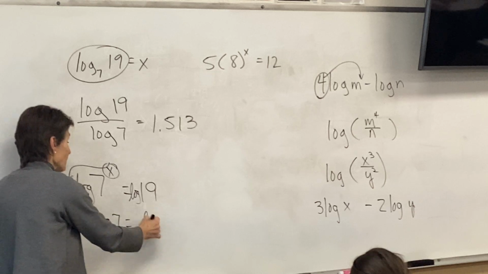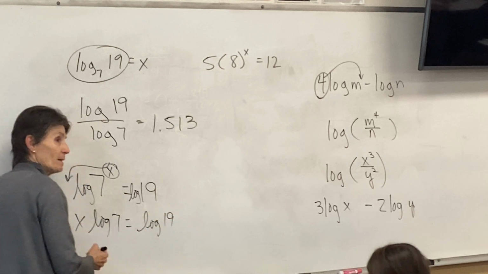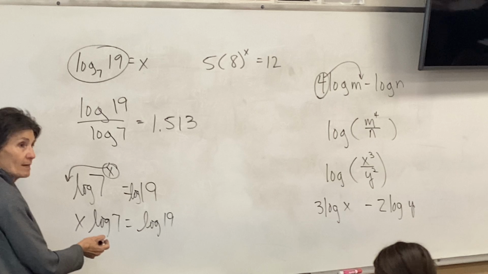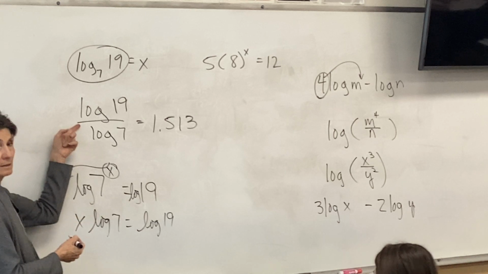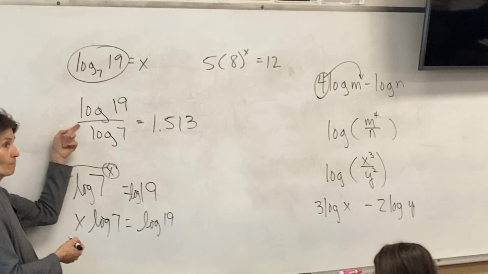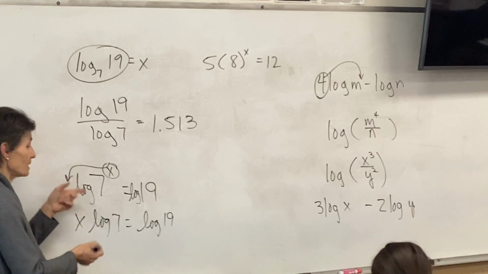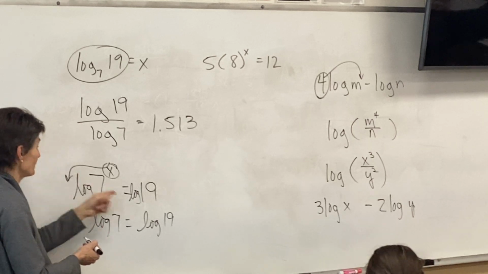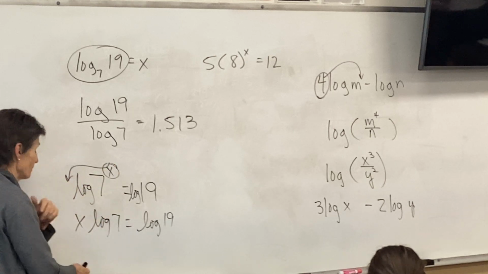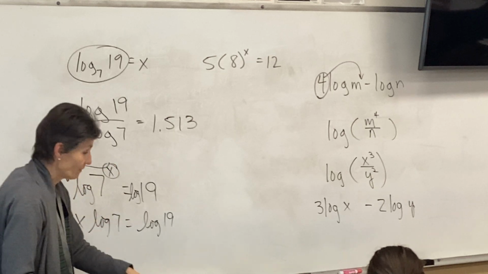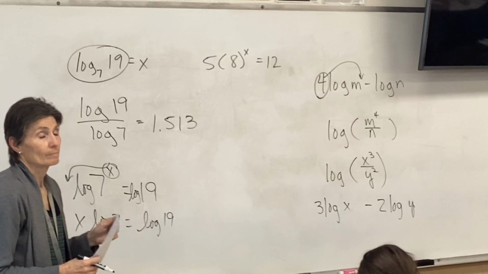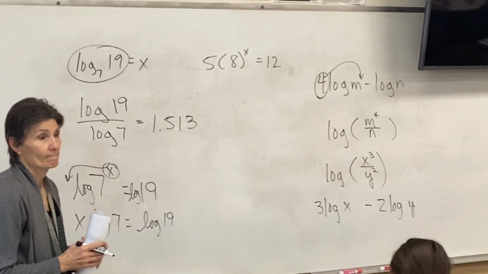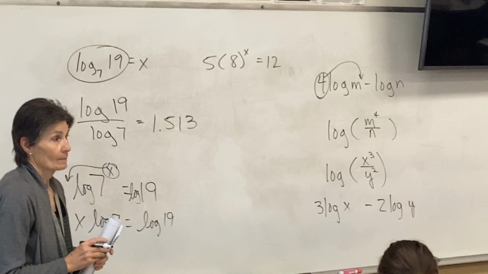And look what's going to happen, you guys. What am I going to do? Aren't I going to divide by log 7? And aren't I going to have exactly what Mackenzie said from the beginning? So you can do it either way, it doesn't matter. You can loop-de-loo it, log it, pull the exponent off and divide. Either way, you're going to get that answer. Okay?